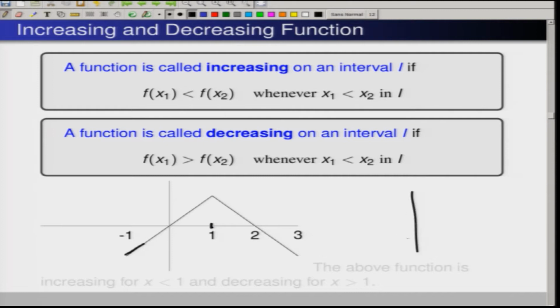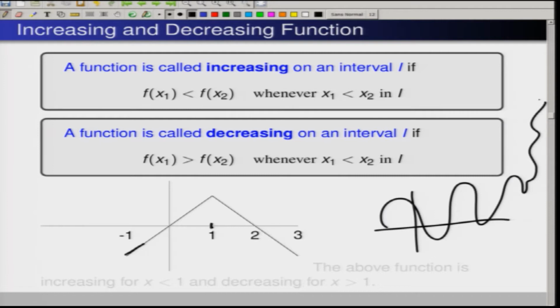Similarly, you can have this sort of function. In this interval this function is increasing, but in this interval it is decreasing.